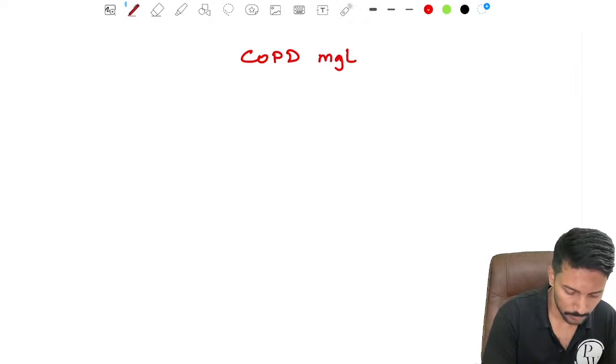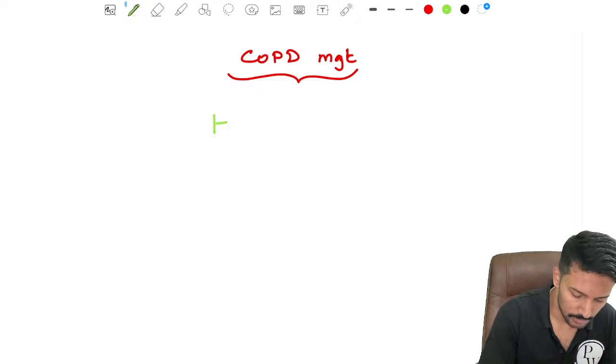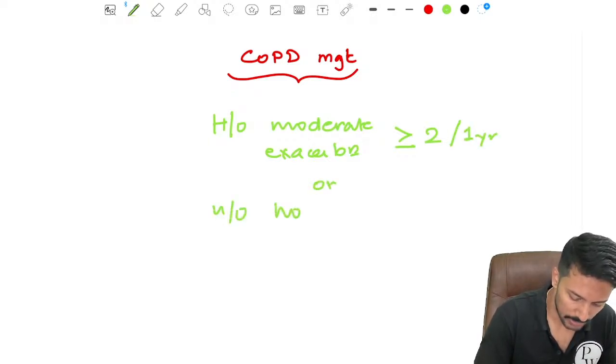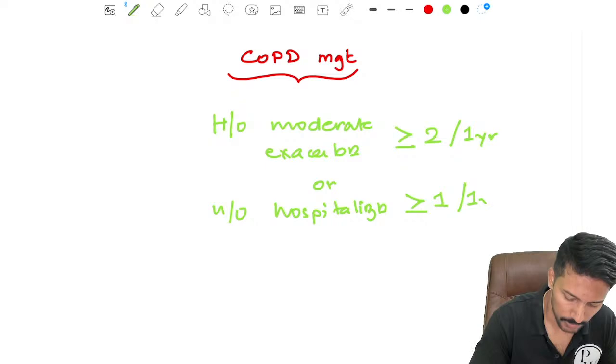COPD management. So the first thing is the history of moderate exacerbations, more than or equal to 2 in the last 1 year, or history of hospitalization, that is severe exacerbation, more than or equal to 1 in the last 1 year.